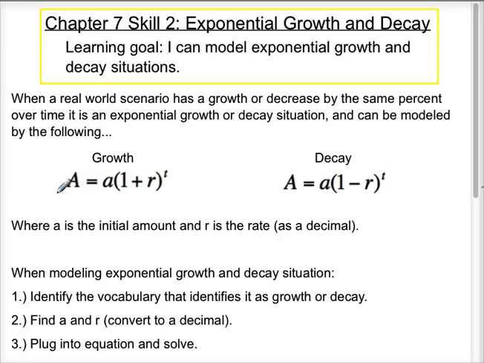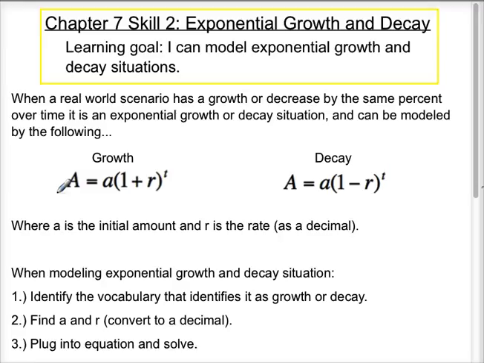as a decimal. So there's a couple steps to doing this. One important thing about this one is realizing the vocabulary that it takes. There's vocabulary that will help identify it as growth or decay, and I need you to understand that vocabulary and be able to identify it because you have to pick which equation to use.